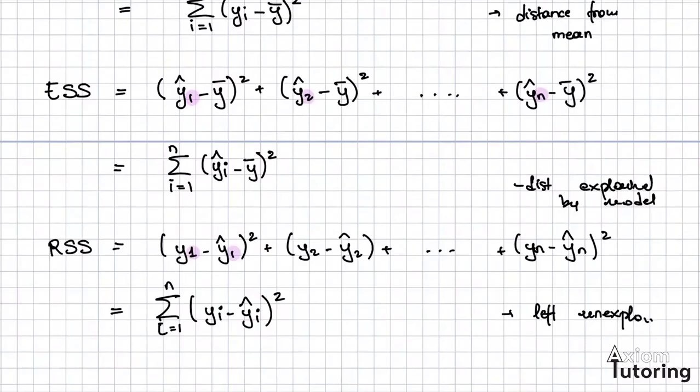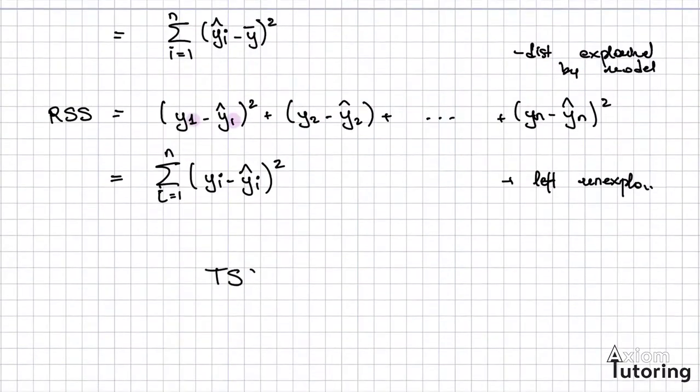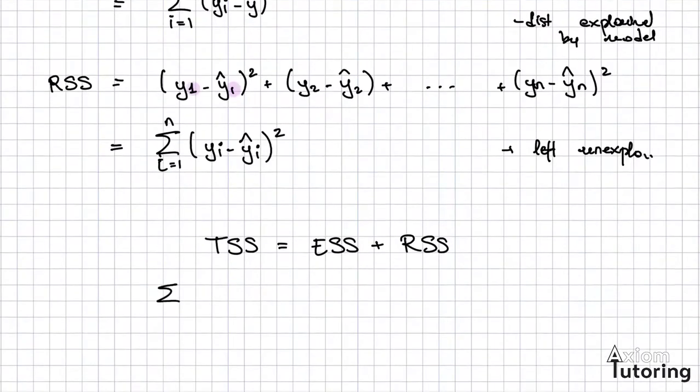When we sum across all of these observations, and we use the formula that we just learned in the previous video, the explained plus the unexplained give you the total.